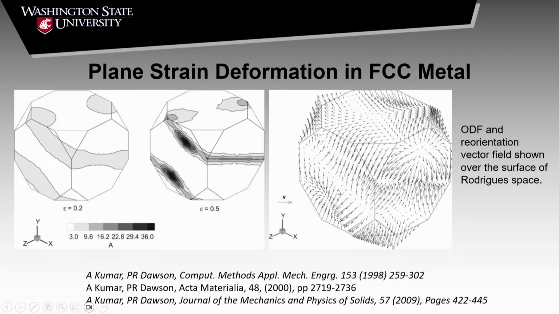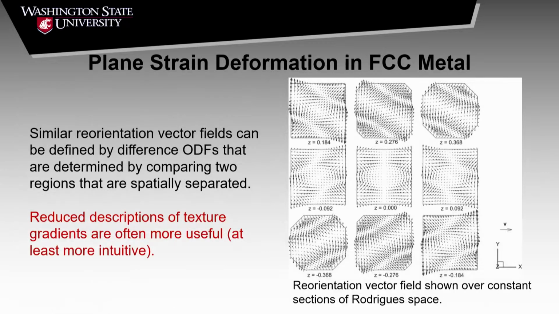So this is one of the ways it shows how the gradient evolves. You just have these arrows showing how the orientation is evolving. You can see the arrows are pointing into where we have the final texture positions.